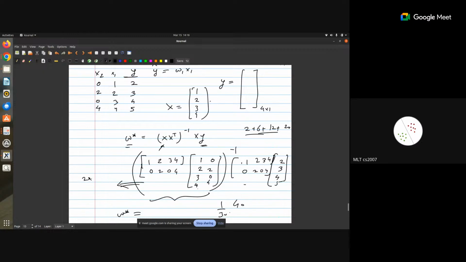This will be a 2 cross 2 matrix, and you will have to find the inverse for this 2 cross 2 matrix. So you will get a 2 cross 1 vector here.